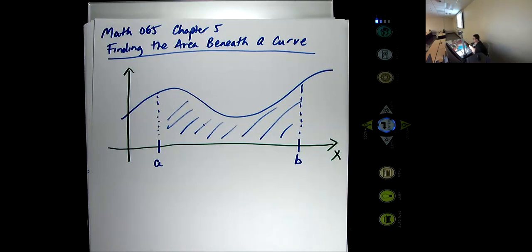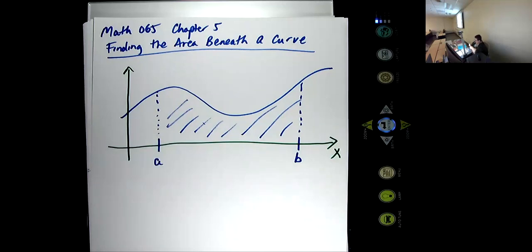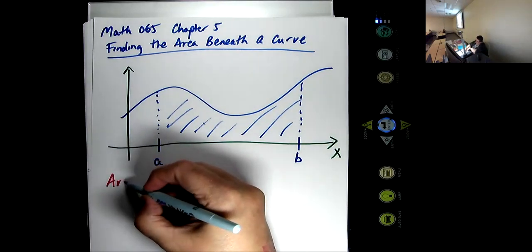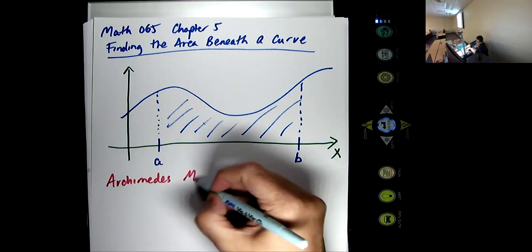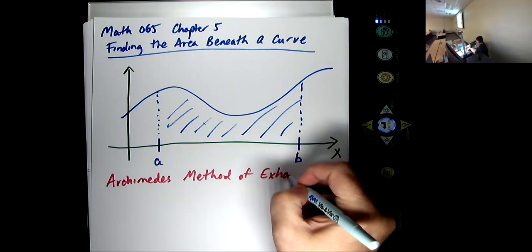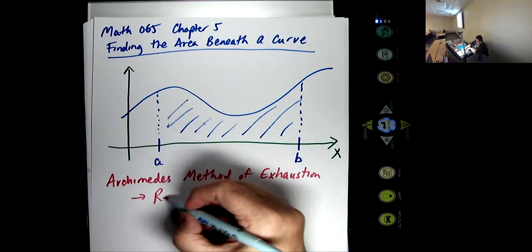So this is actually a pretty good read in the book. It's just a little short sub blurb on Archimedes. Archimedes came up with this method. It was called the method of exhaustion, but most of us know it as the rectangle method. Now known as the rectangle method.